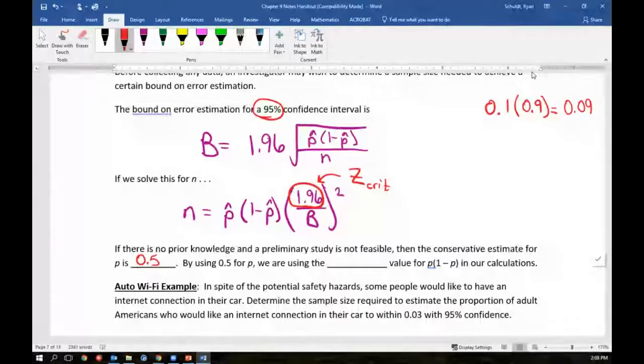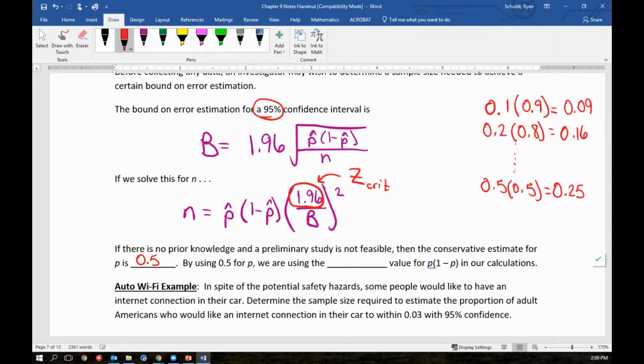0.09. So I'm like, okay, let's see, can I get bigger than that? I'm going to do 0.2 times 0.8. Eventually, if I worked my way all the way down, I'd get to 0.5 times 0.5, which is 0.25. And then I just start going backwards again.